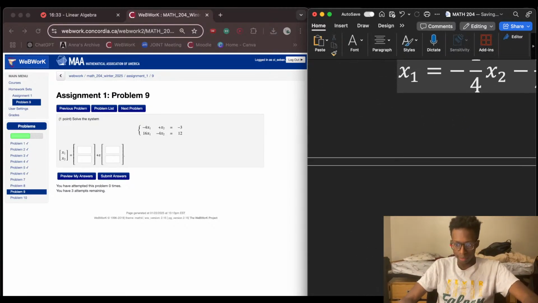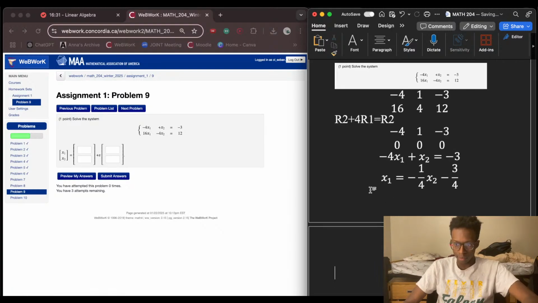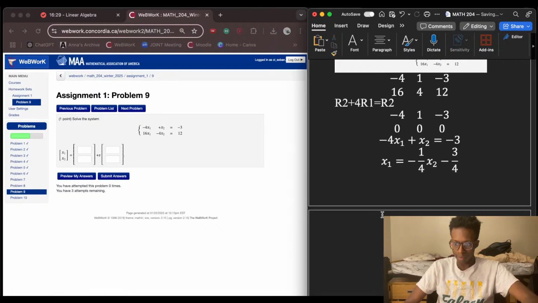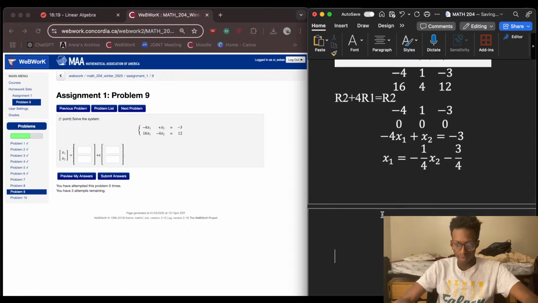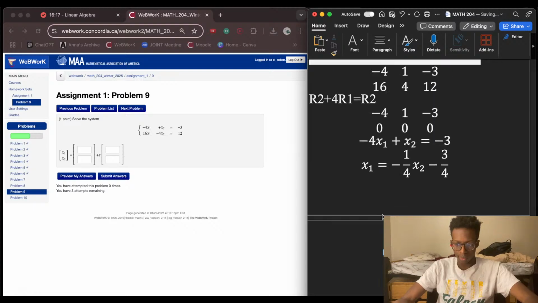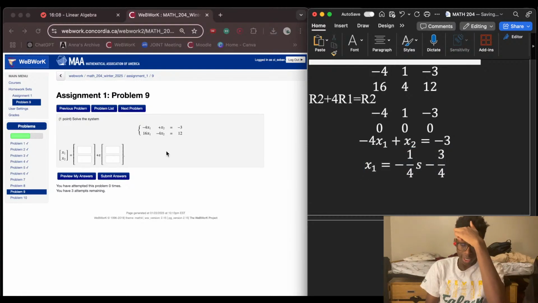And then you can go back and make this s, and then you have x1 equals to that.